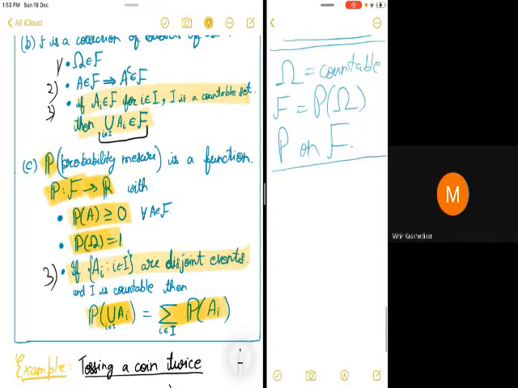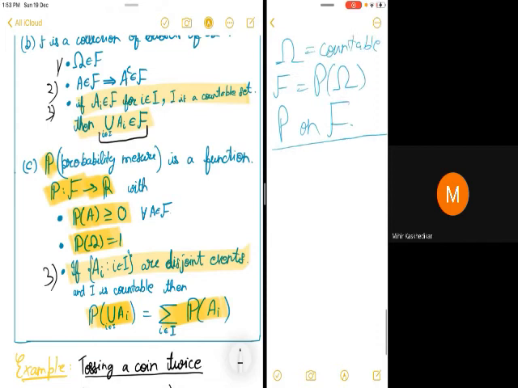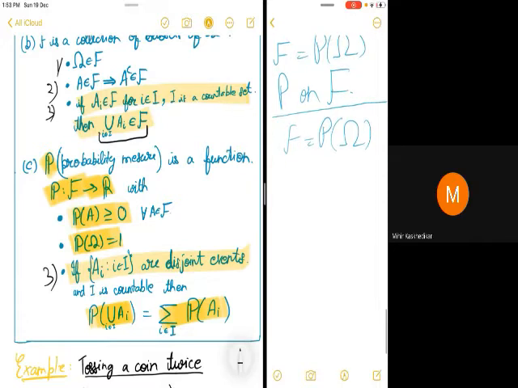So the idea here is that since F is the power set of omega, each subset of omega already belongs to F, and so we can assign probabilities to all the subsets.